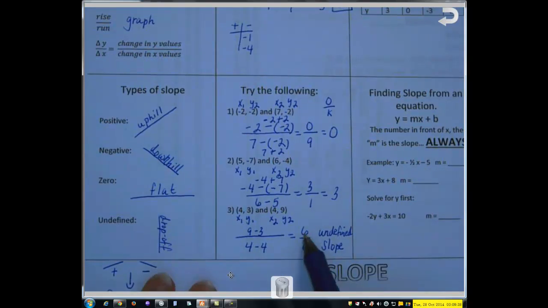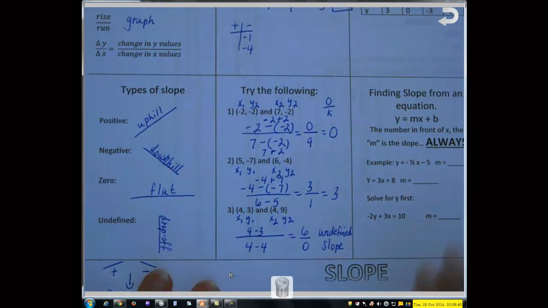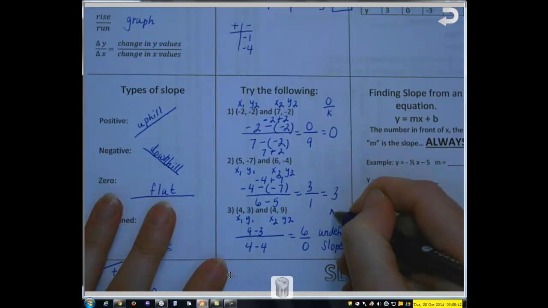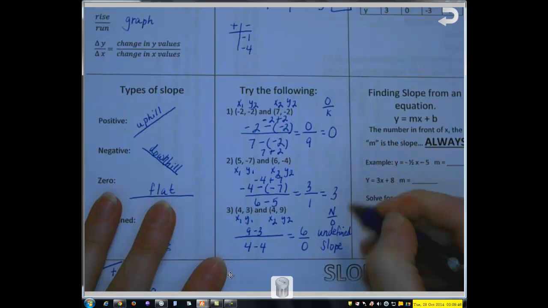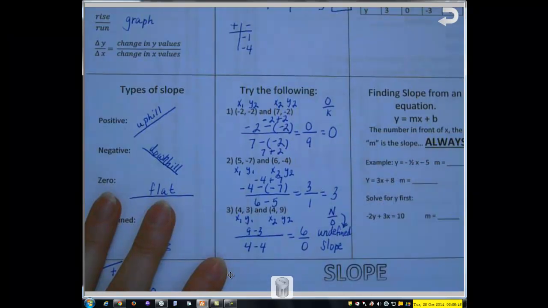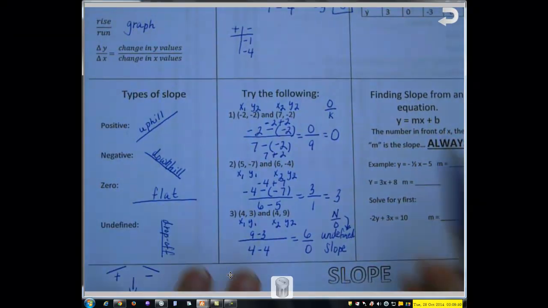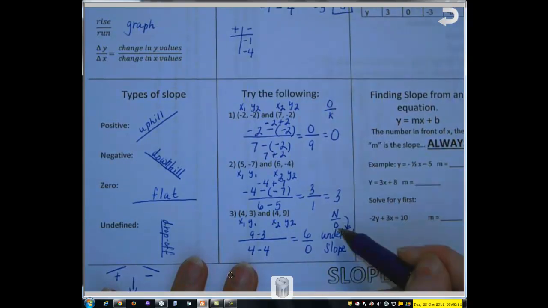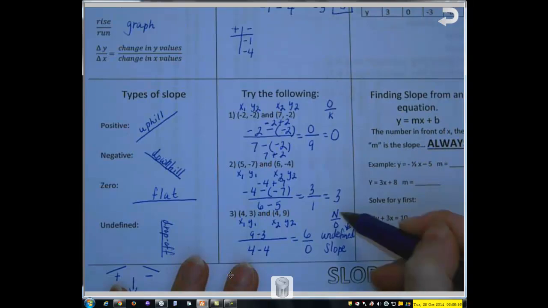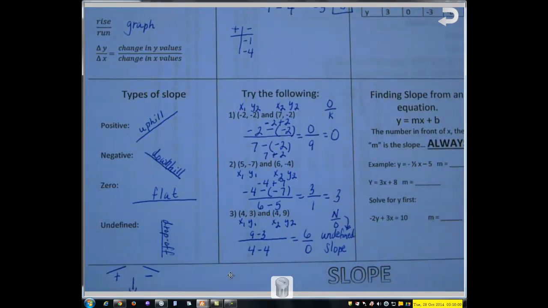However, it's not okay to have a zero on the bottom of the fraction. We'll say that is NO, because that results in an undefined slope. So again, 0 on top of the fraction is okay. 0 on the bottom of the fraction is no way, undefined.